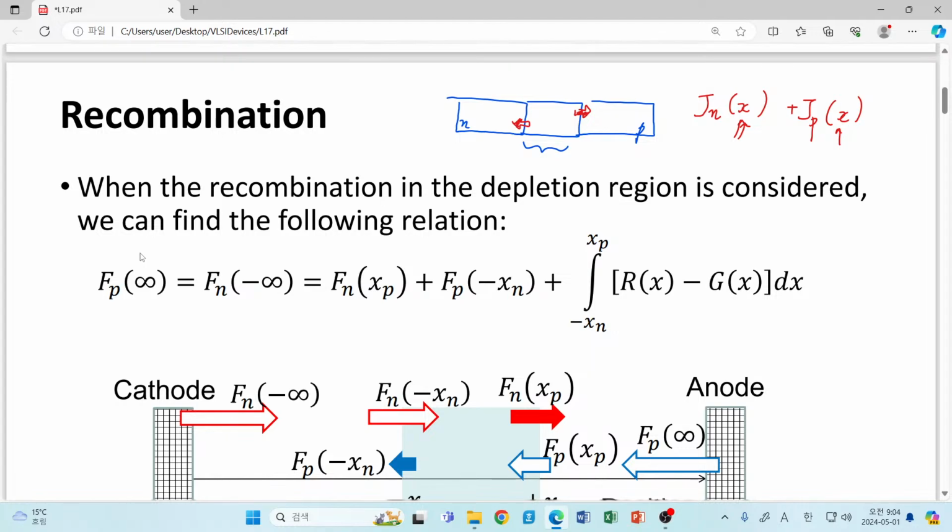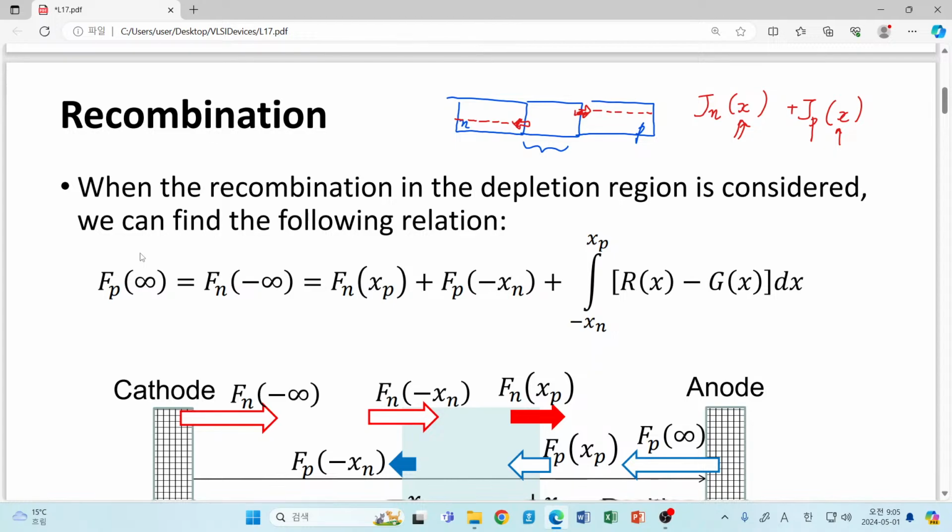At the same point, we must measure the electron current density and hole current density. But unfortunately, the information we have is restricted to this part and that part. So at which position can we calculate the sum of Jn and Jp? It's not possible in principle.